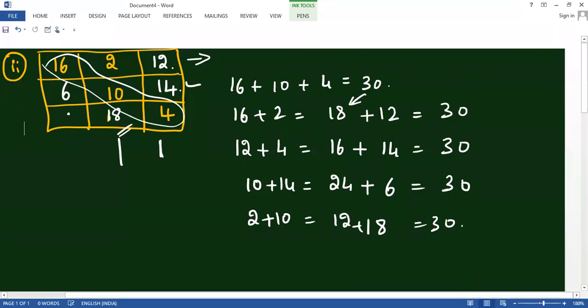And the last is we are going to add this row, that is 18 plus 4, that is 22, plus we need to make it 30, that is 8. So the answer could be 8 here. And the third question.